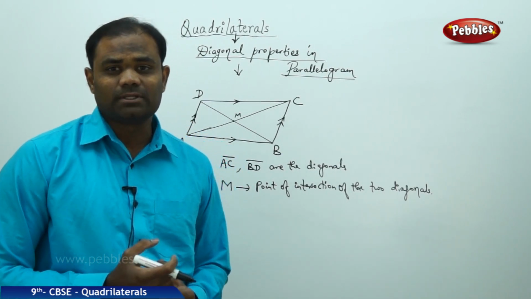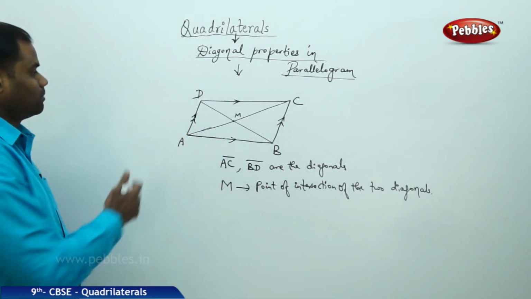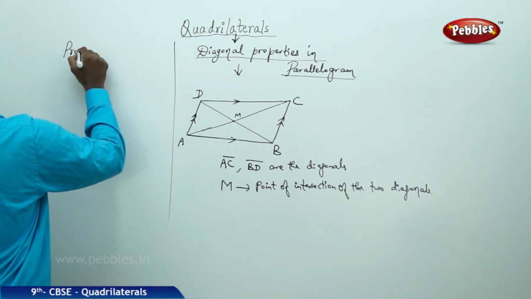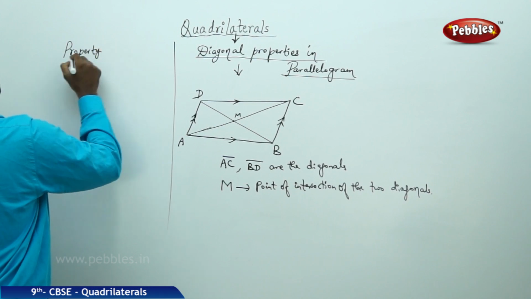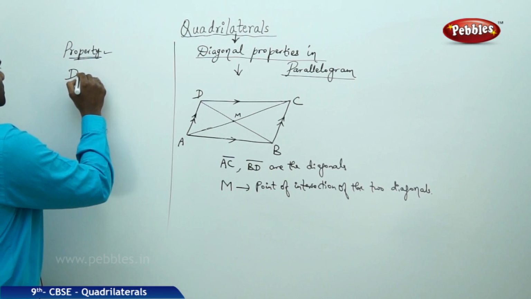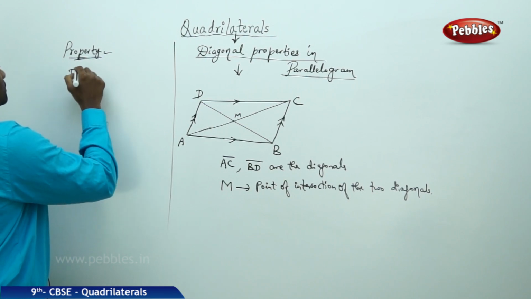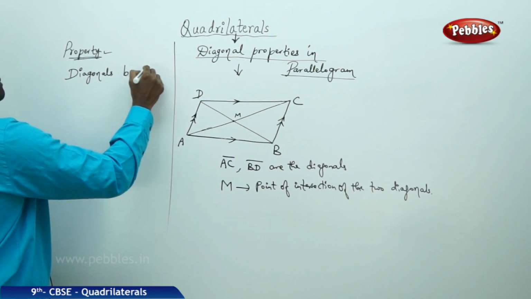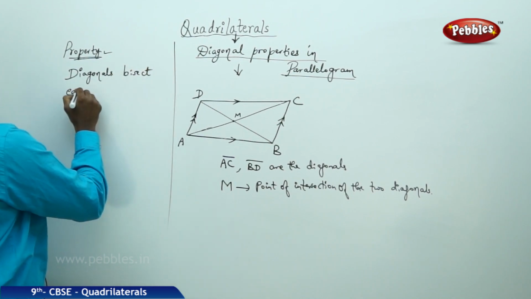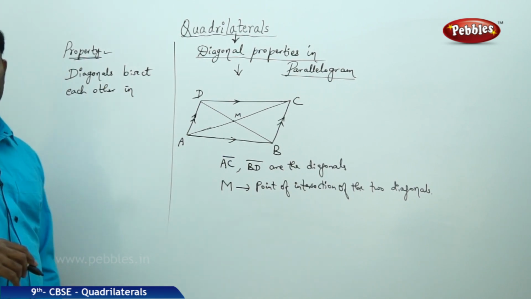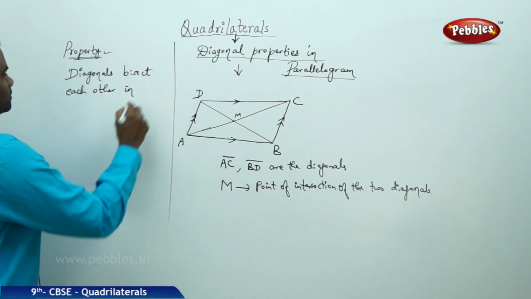So let's see the property connecting the diagonals. The property says that the diagonals AC and BD bisect each other in a parallelogram.